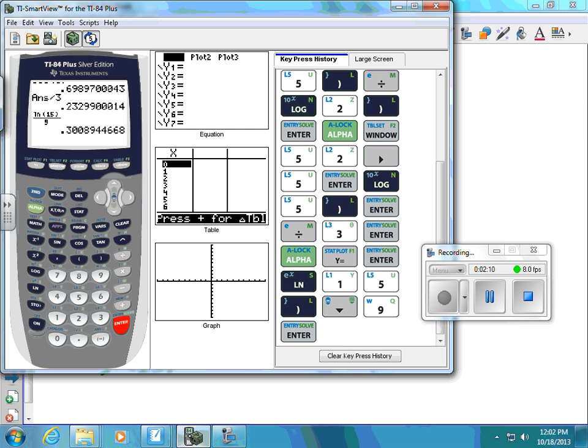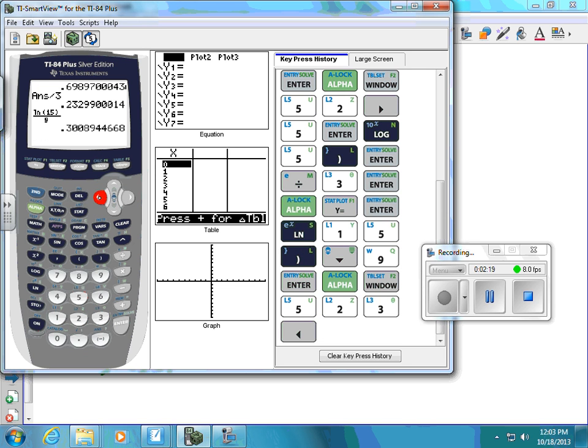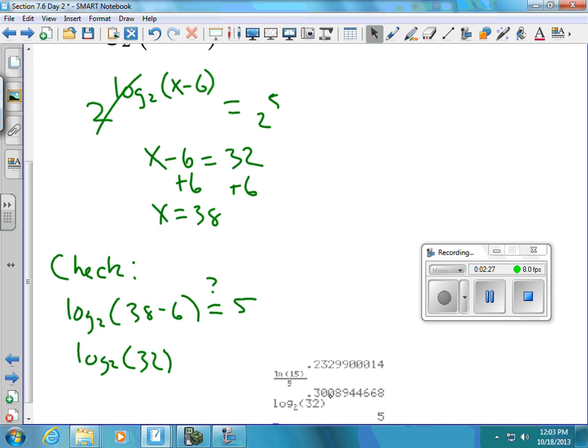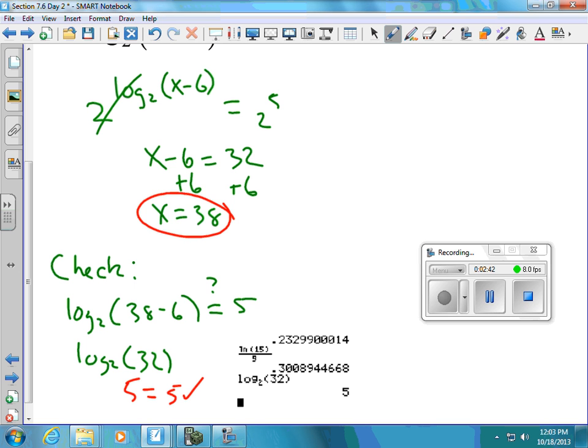I think we know what it is, but in case you forget, alpha, window, log bases, log base 2 of 32 is 5. So we can see that the log base 2 of 32 is just 5. It checks, we get 5, 5 equals 5, we're good. No extraneous solution. So 38 is our answer.